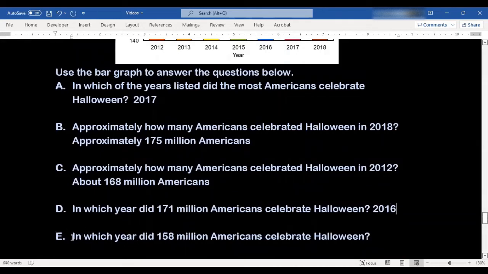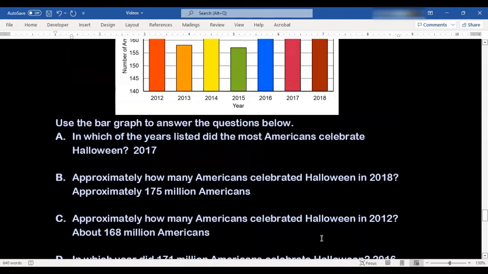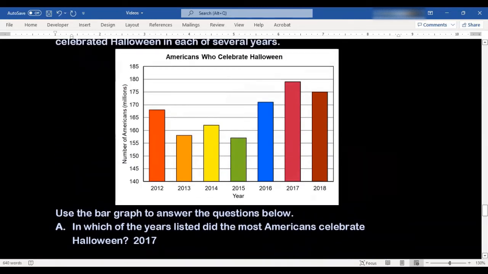For this last question, it says, in which year did 158 million Americans celebrate Halloween? We'll do the same thing. This one again is a little bit tricky. 158 is going to be in between 155 and 160. What I like to do is count up from 155 to 158, and then count from 158 to 160, just so I get a sense of which one it's closer to.